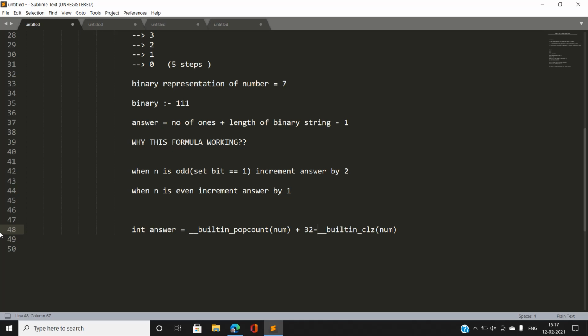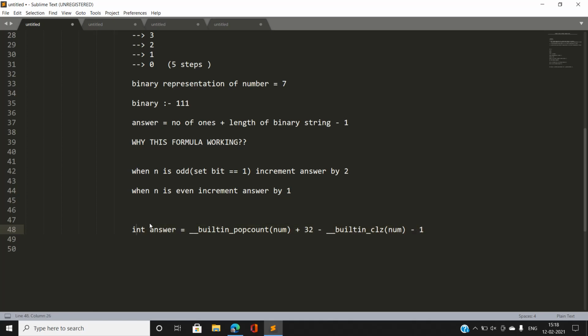Okay, so I am going to subtract this from 32 minus __builtin_clz of the number, that is going to give the leading zeros. Also note that finally I have to subtract 1 also, to get the required answer. So this is our basic formula for this problem. This is the one-line solution of this problem.